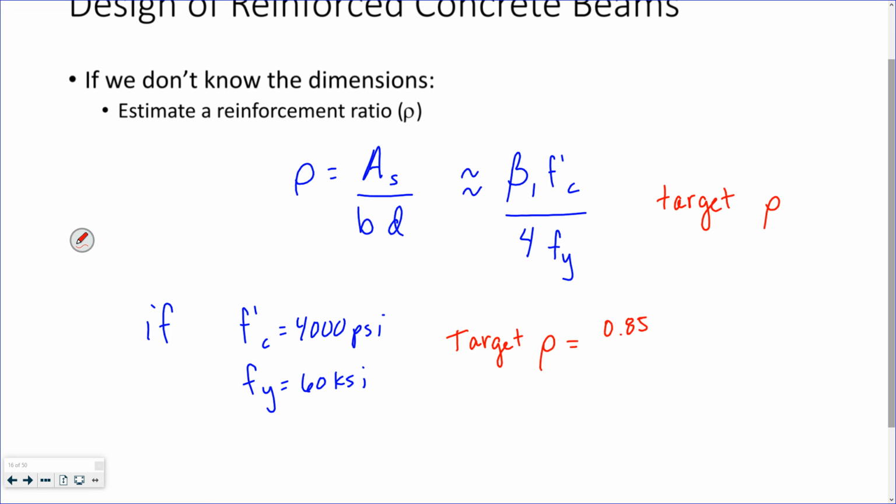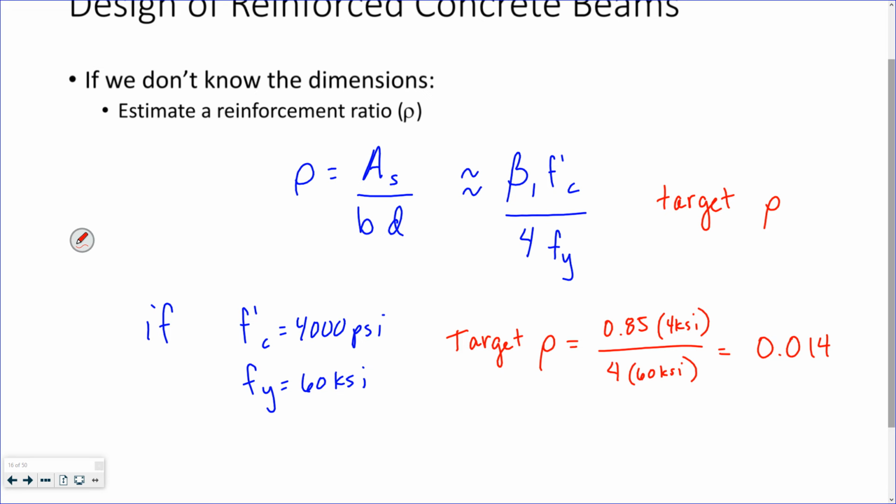That's my beta 1 for 4,000 psi, 4 ksi concrete, over 60 ksi steel. Obviously the 4s kind of drop out, but so 0.014 is what we're going to aim for. We obviously still don't know our area of steel or our b or our d, but now we have an estimated ratio that we want to come up with.